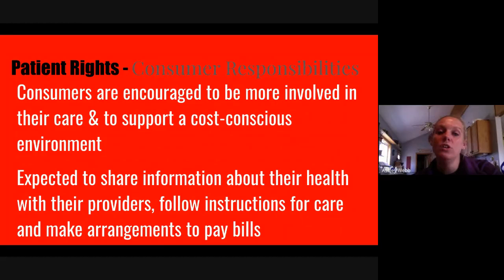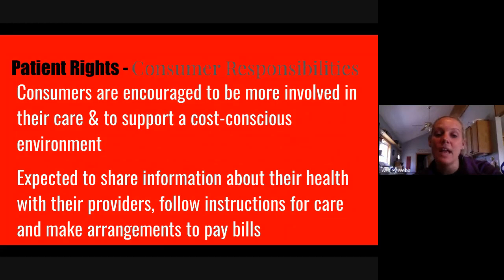If you're wanting the healthcare provider to follow all these rights, then you need to do your share of it by following directions, being compliant with treatment plans.